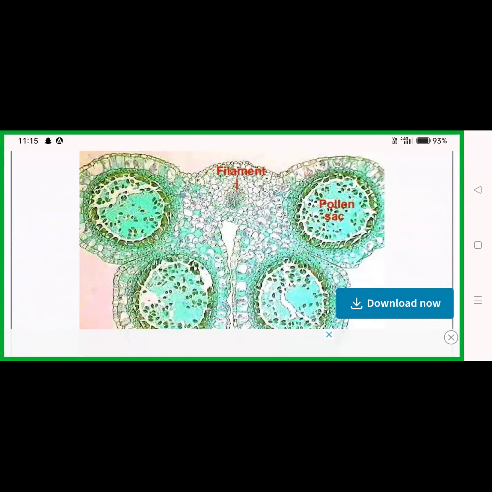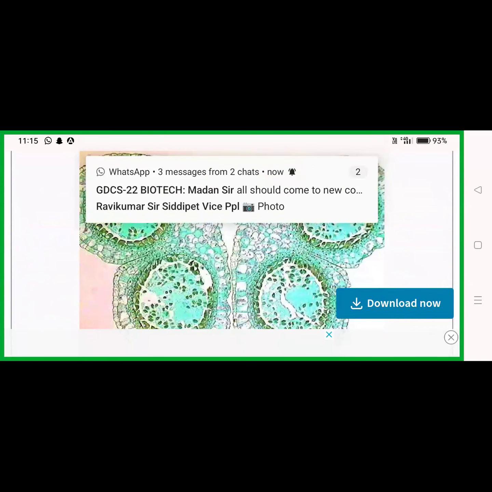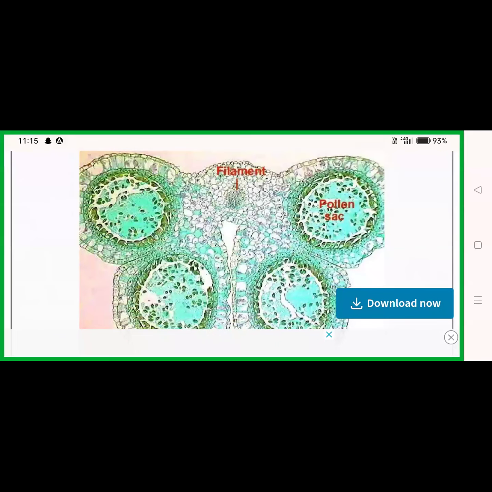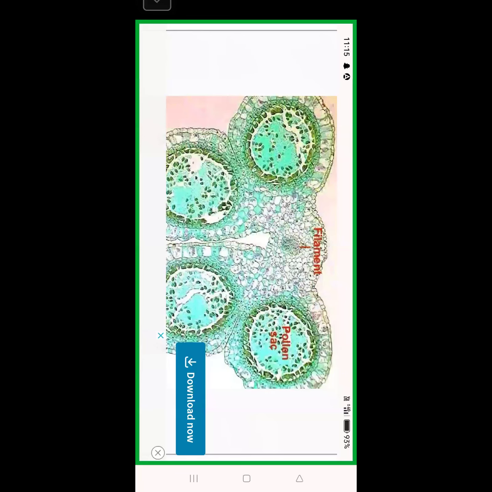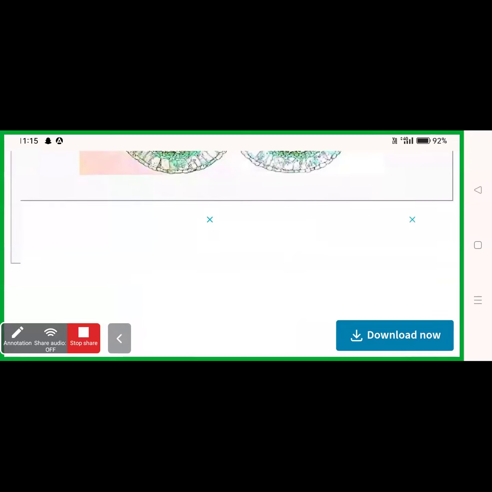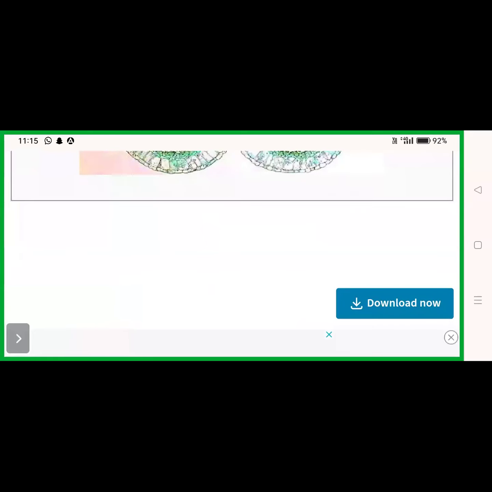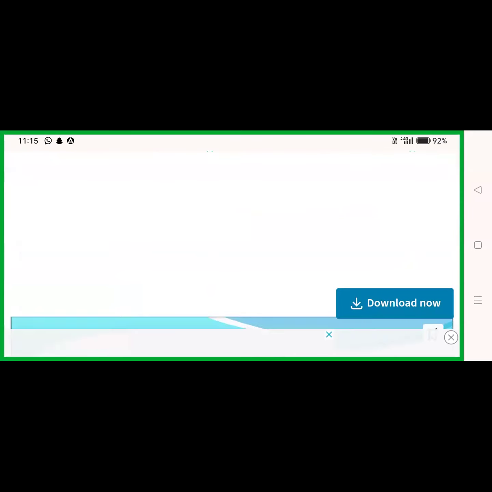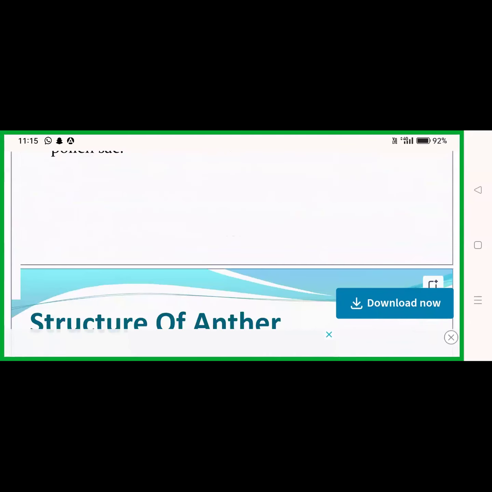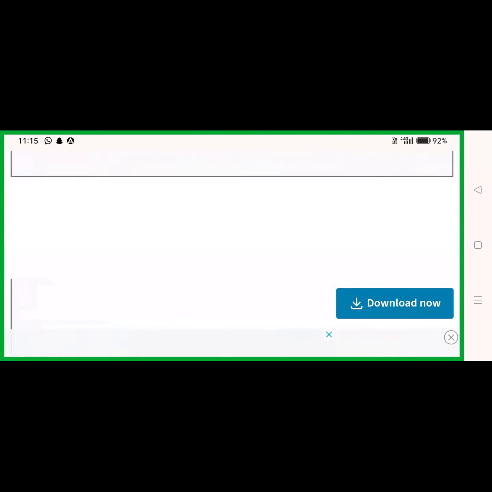And coming to the middle layers, inner to the endothecium, 2 to 3 layers of parenchyma cells are present. These are known as middle layers. See here, these are the diagrams for this.